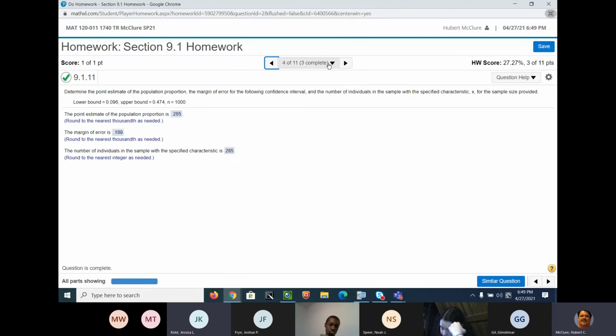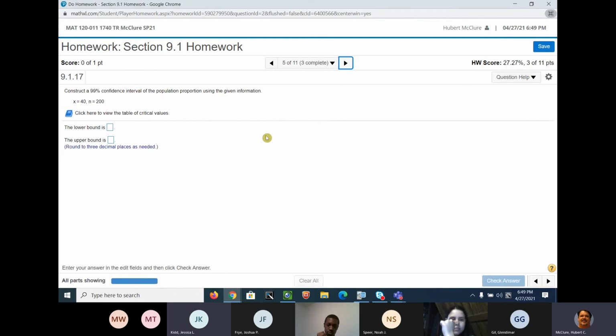Okay, next question. All right, I'm going to let y'all work on this one because it says construct a 99% confidence interval, given x is equal to 40 and n is equal to 200. Well, heck, that's just like this one.